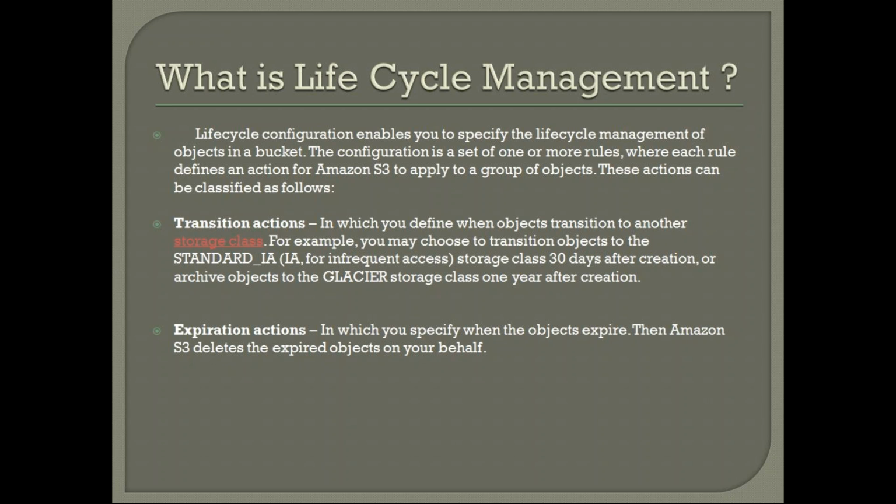The expiration action is nothing but the deleting action, in which you specify when objects expire or can be deleted. Then Amazon S3 deletes the expired objects on your behalf. Everything happens automatically. Once the policy is set, transition happens automatically and expiration also happens automatically.